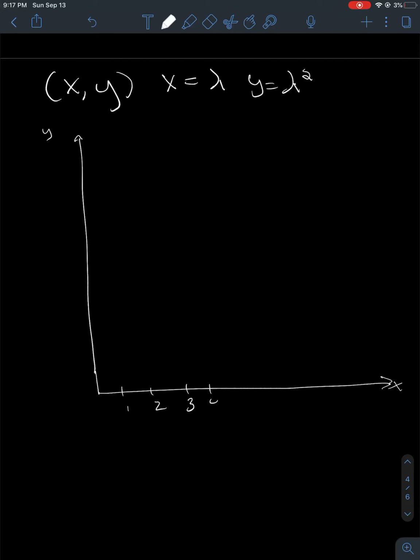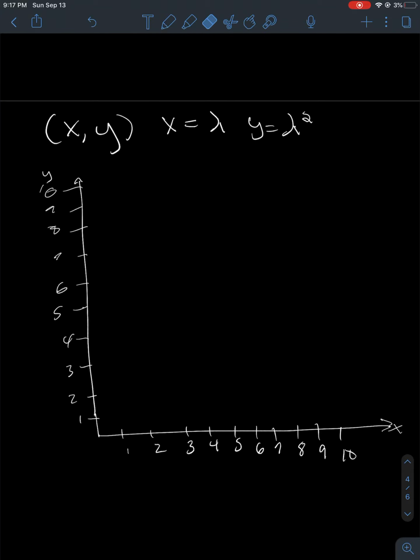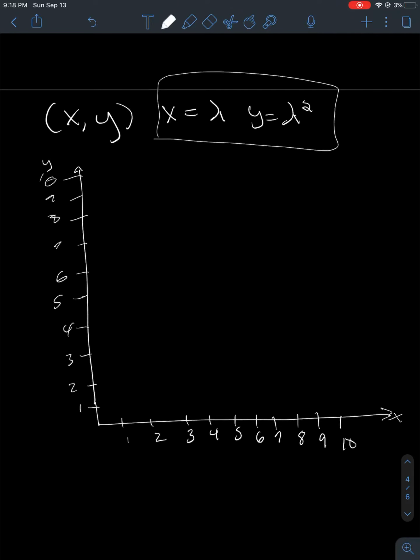So, this is our parameter. And we can go ahead and graph this already.